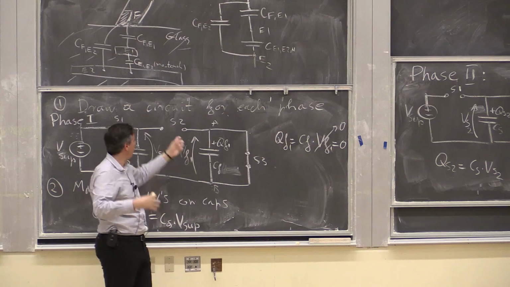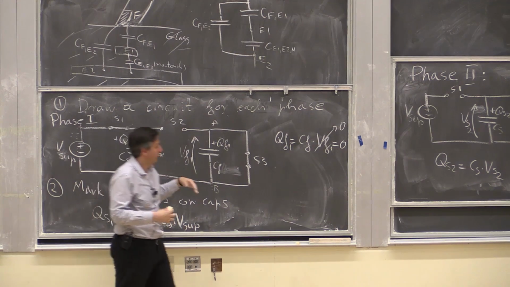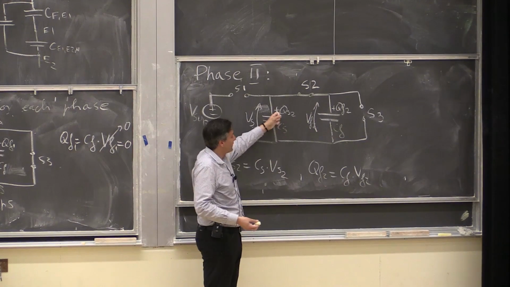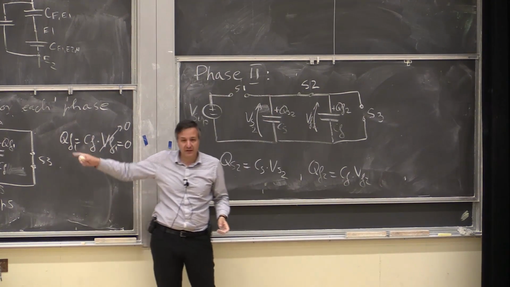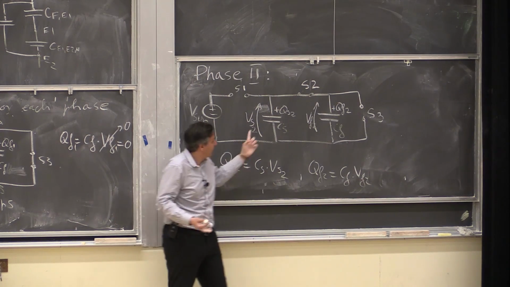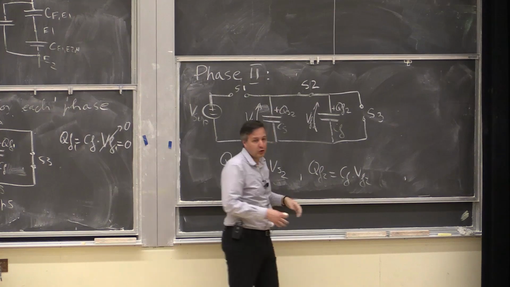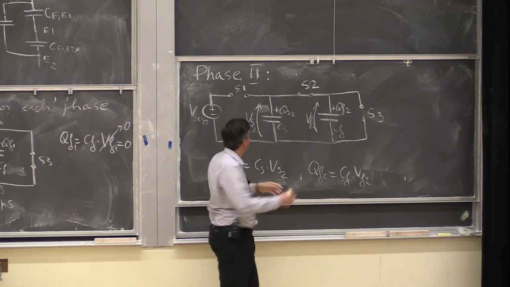And then I connect S2. If I'm doing it in that order, the charge that was on CS doesn't have anywhere to go except to this capacitor.